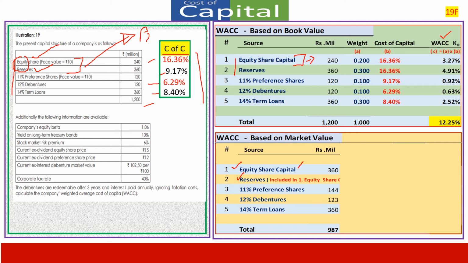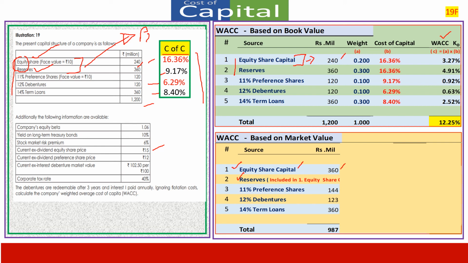the current ex-dividend equity share price is 15. This is at 10, 240, and the number of shares is 240 million divided by face value of 10, which is 24 million. 24 million into 15 is 360.